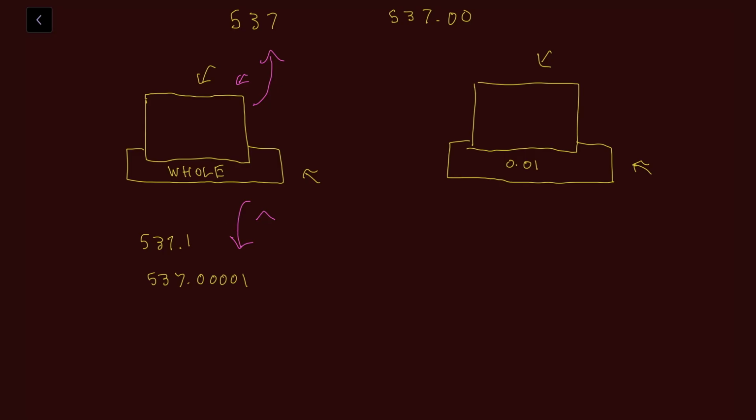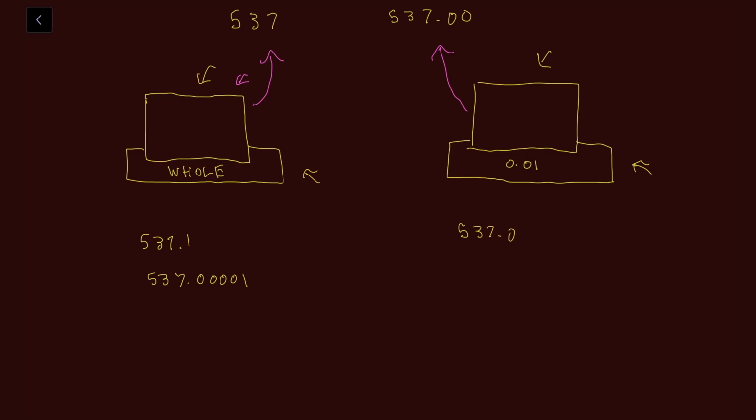It would be incorrect for you to assume anything beyond this whole number. However, this scale gives you the reading of 537.00 exact. You know, without a doubt, that there is nothing in the tenths nor the hundredths place of this reading, because this scale is capable of reading to that level of accuracy.